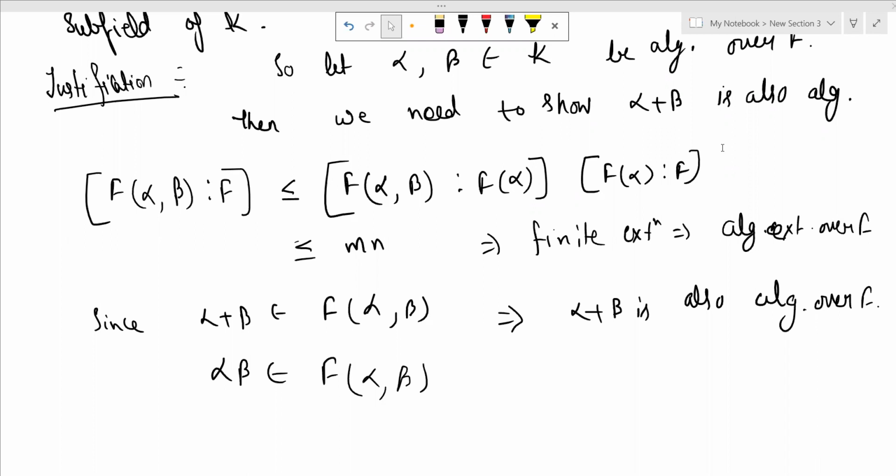So if any field contains alpha and beta, does it also contain their product or not? Tell me. It is a field, therefore the product is also there. Yeah, that's what I want to hear from you. Try to speak in class. You should interrupt me and ask your doubts. Alpha beta belongs to F(alpha, beta), so this implies alpha beta is also algebraic over F.